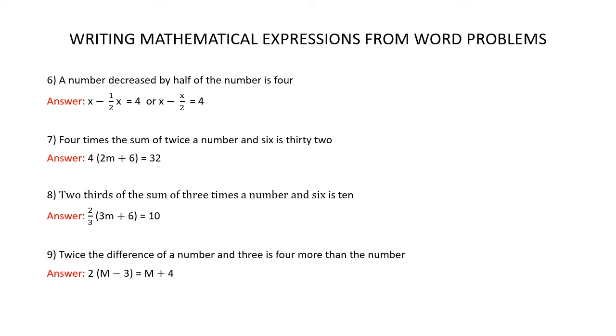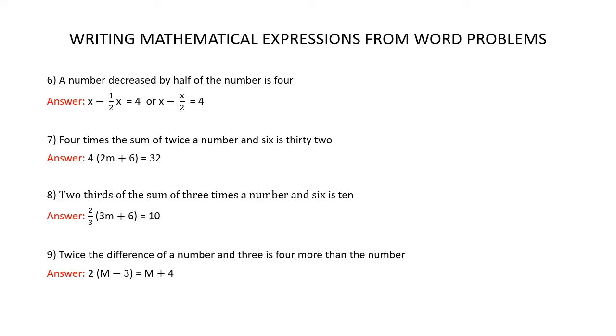So you have to write sum of twice a number and 6 as 2m plus 6. 4 times the sum of twice a number and 6 is written as 4 multiplied by (2m plus 6), which is equal to 32.